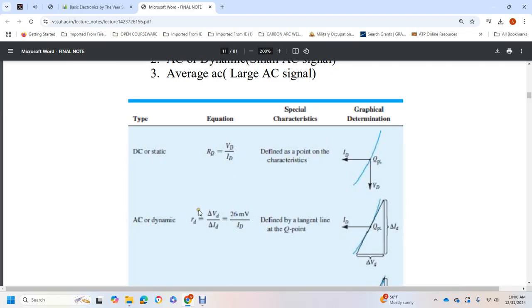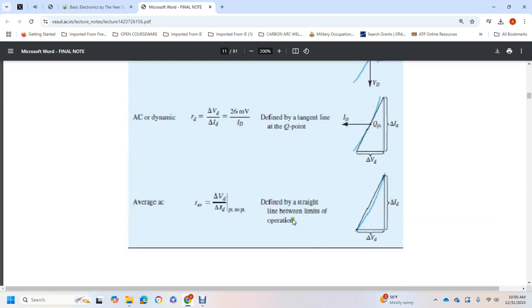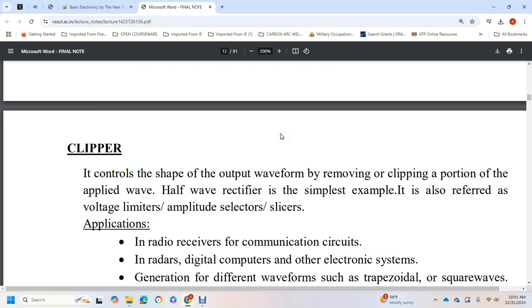AC or dynamic resistance is defined as the change in diode voltage over the change in diode current, and is 26 millivolts over the diode current, found as the tangent line at the Q point. Average AC resistance is defined as a straight line between the limits of the operation.